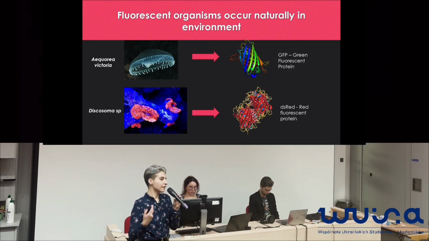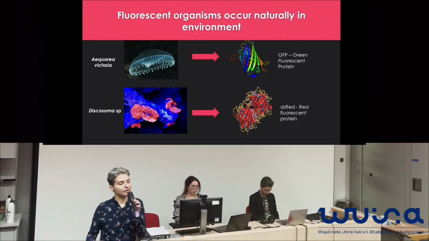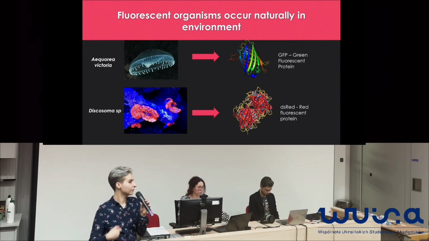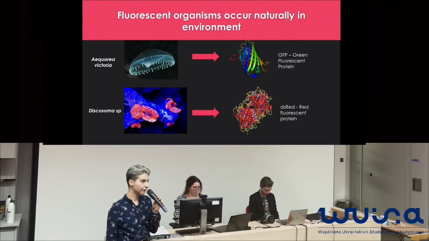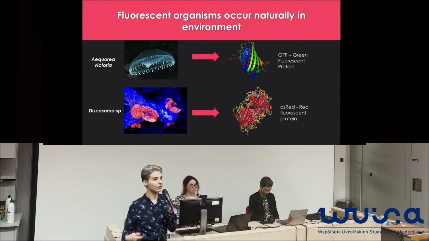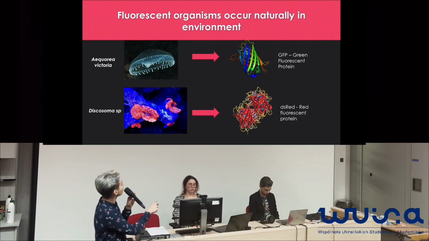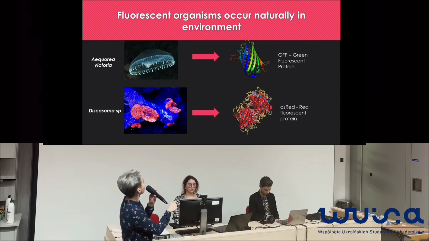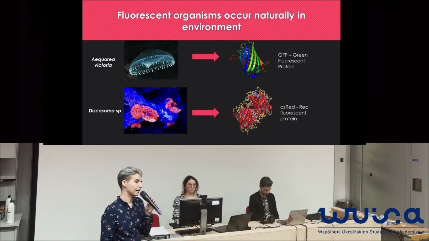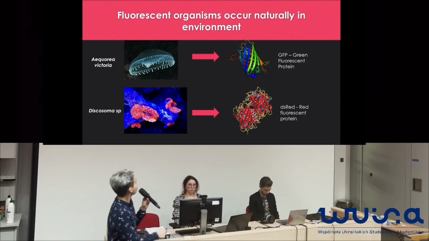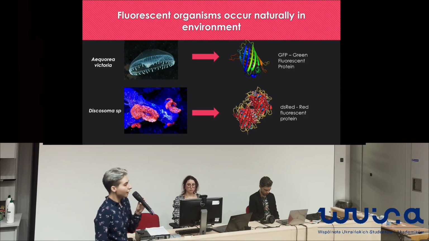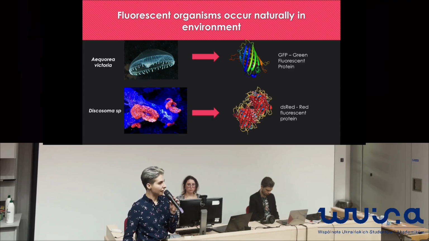As I said, there are genetically modified organisms that can be fluorescent. But in nature, there are also organisms that can be fluorescent just by themselves. For example, this beautiful jellyfish or this coral called Discosoma that can be bought for aquariums. Those organisms have proteins that are fluorescent.